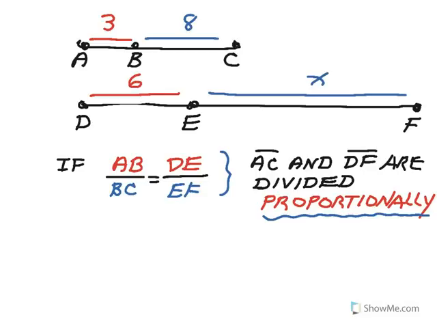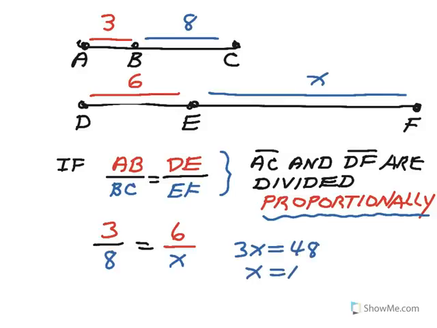So I could say, between the two figures, AB to BC, so 3 is to 8 as 6 is to x. Okay, and so to solve for that, 3x is equal to 48, and so x is equal to 16.